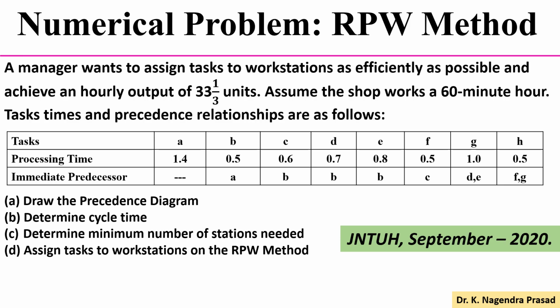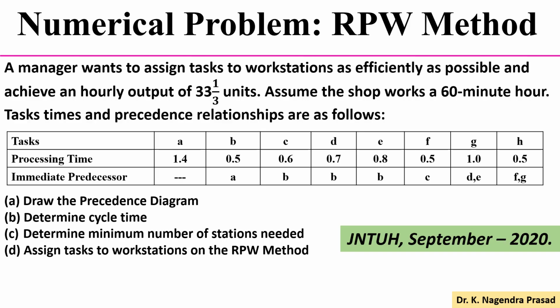In the following table, the various tasks are given along with their processing times and immediate predecessors. Question A, draw the precedence diagram. Question B, determine the cycle time. Question C, determine the minimum number of stations needed.